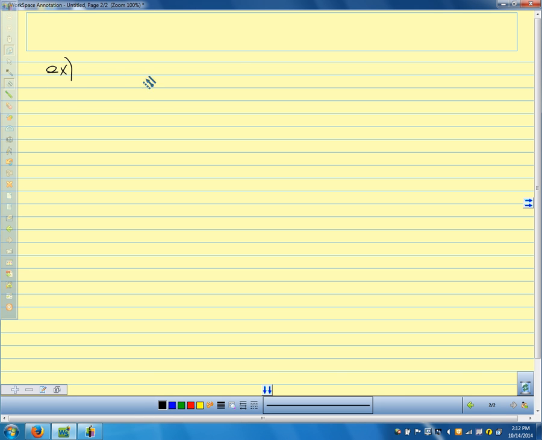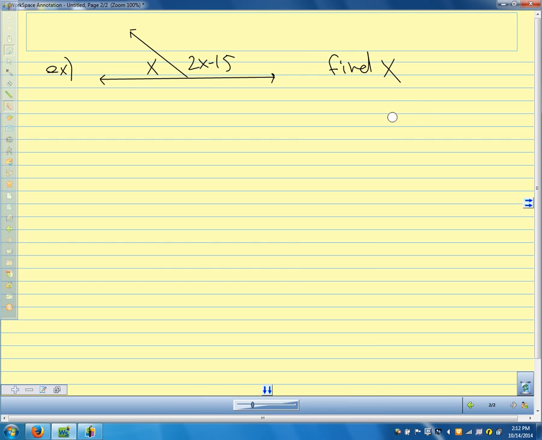So here's my setup. Problem like we've done before. We just want to, what we call, justify every step we take. So we want to find x. So the first thing we do is we say, what do we know about this situation?